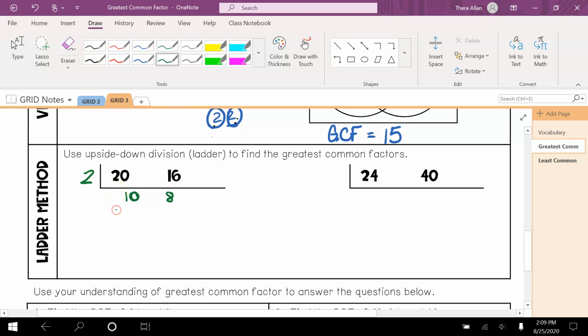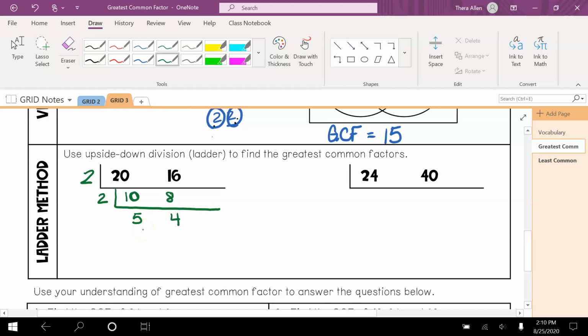And then I draw my line again. Now, is there anything that can go into 10 and 8? Yes, 2 again. I put my 2. 10 divided by 2 is 5. 8 divided by 2 is 4. I look at 5 and 4. Is there anything that can go into 5 and 4?